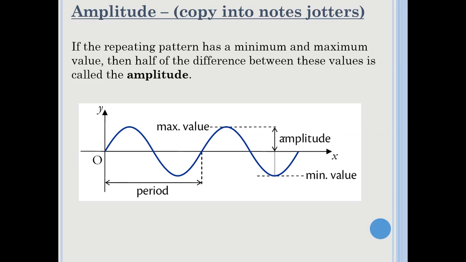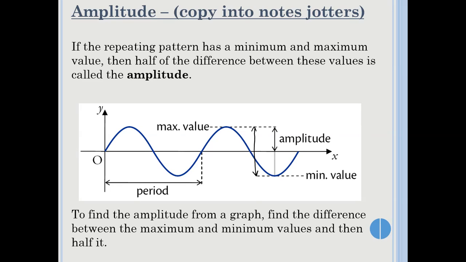So our amplitude is half the difference of the maximum all the way down to the minimum. To find the amplitude from a graph, find the difference between the maximum and minimum values, and then half it.